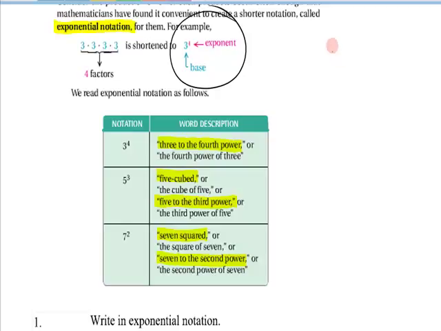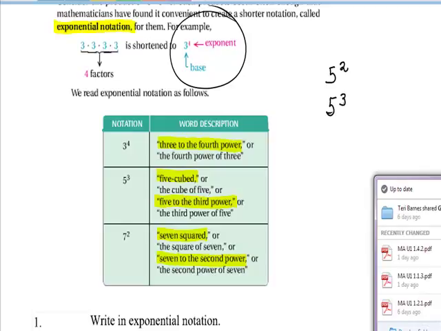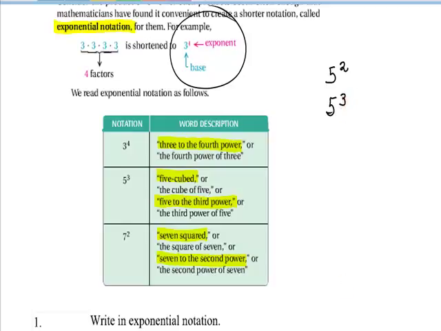So let me remind those. Let's suppose I have 5. If I have 5 to the 2nd power, it might be called 5 squared. If I have 5 to the 3rd power, it might be called 5 cubed. But if I have 5 to any other power, there's no special name for it.